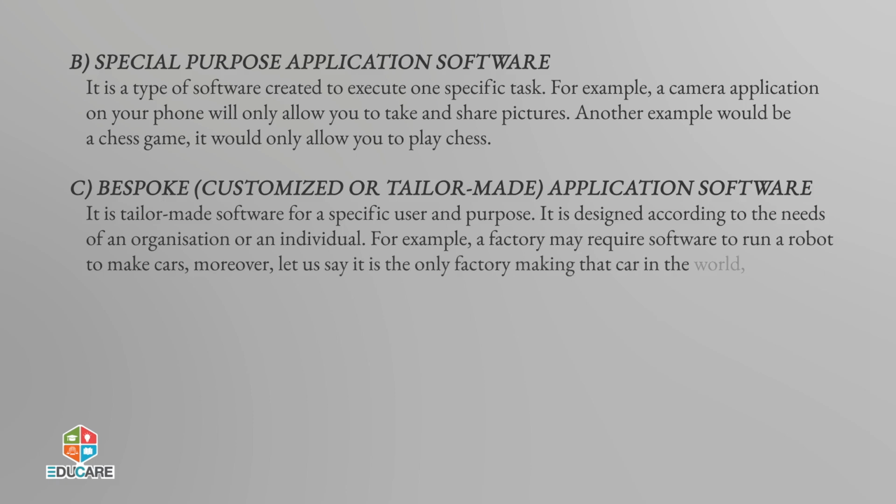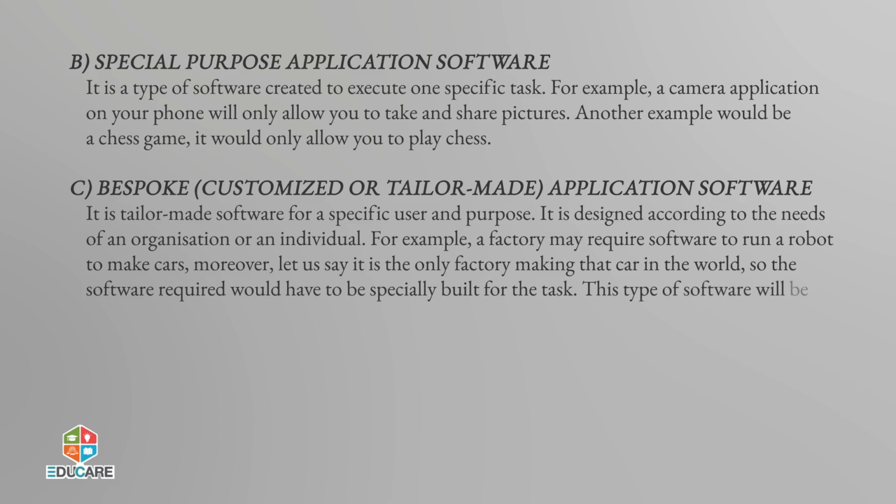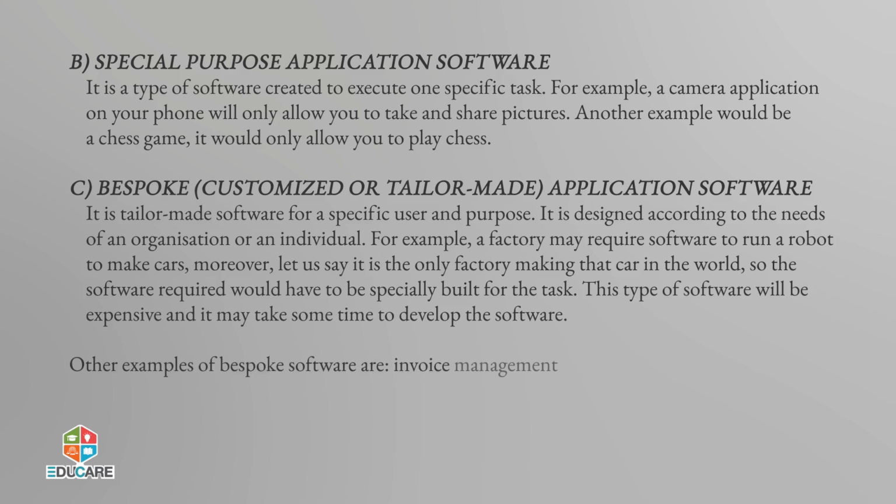So the software required would have to be specially built for the task. This type of software will be expensive and it may take some time to develop. Other examples of bespoke software are invoice management system, airline reservation system, school inventory, etc.